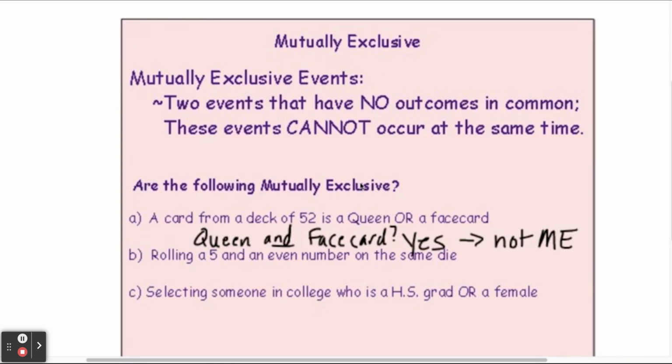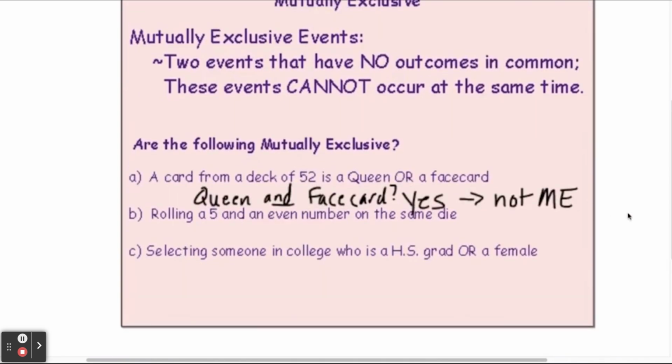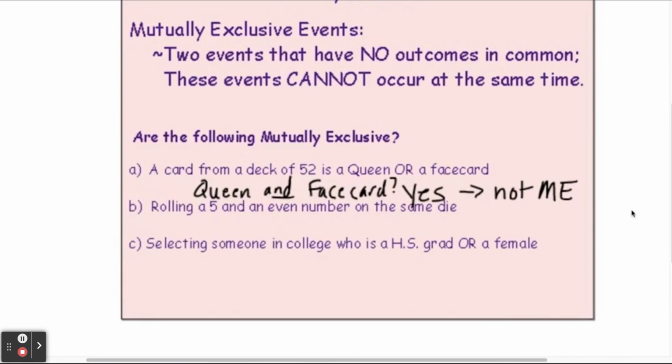Okay, let's look at example B, rolling a 5 and an even number on the same die. Can you get a 5 and an even number if you were to roll the die just one time? If you roll the die one time, a 5 and an even number are two different things.